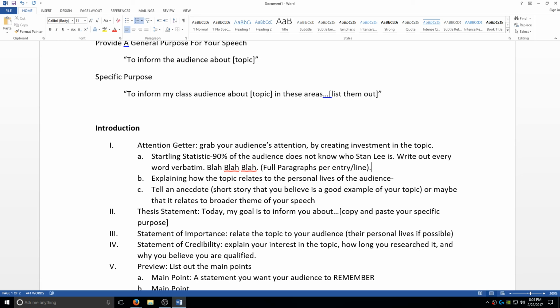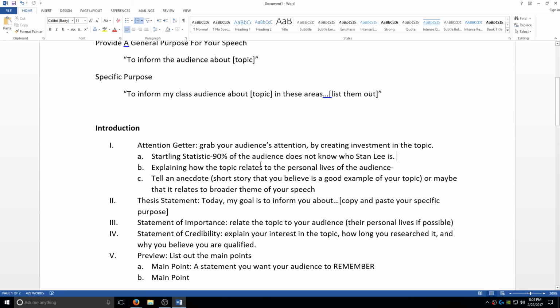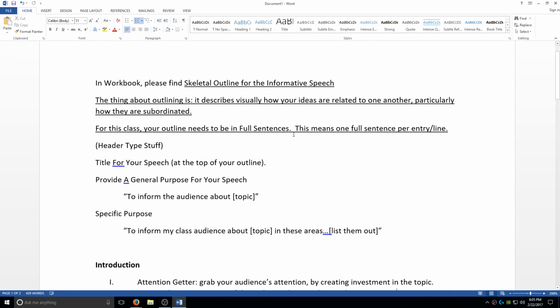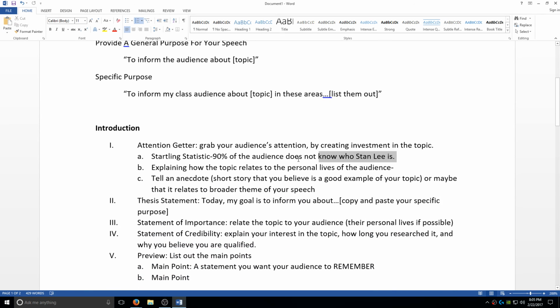That is not what I want you to do. Do not do that. Keep it at this level of detail here: one sentence per entry, per line. That's all I need from you. Don't make it a manuscript.